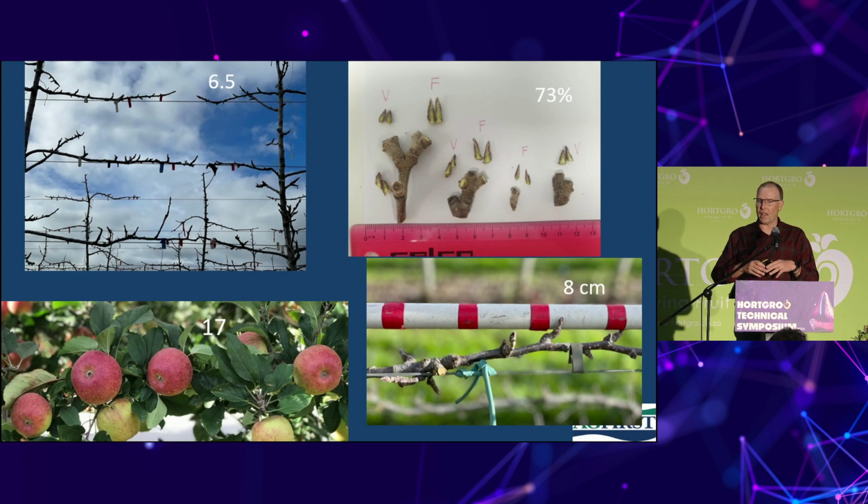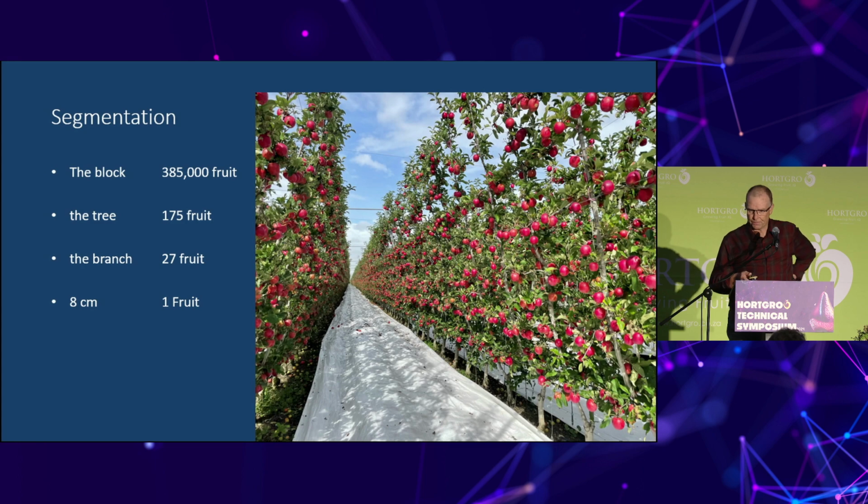And then we come back to saying within that formal two-dimensional orchard, we have a trunk-to-trunk measurement, which we want 17 apples in, which will give us our 400,000 apples a hectare, which will calculate out to about 95 tonnes. So segmenting each task down to a really tight level allows us to create focus and better execution. So we can bring it right down to this level of 8 centimetre window.